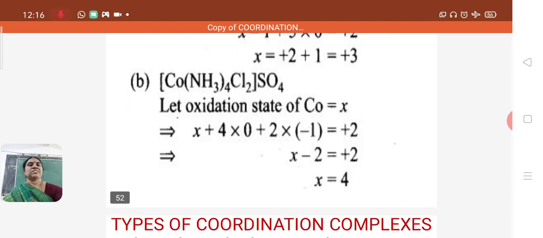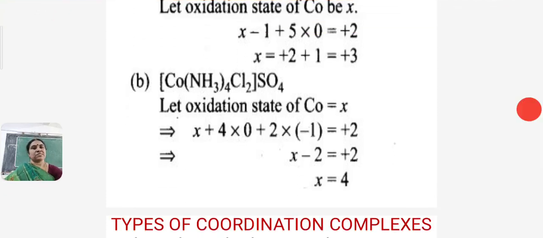Now you see this complex of cobalt. Here we are assuming the oxidation state of cobalt to be X, then X plus 4 molecules of ammonia each possessing a charge of 0, so 4 into 0, plus 2 chloride ions each having a charge of -1, so 2 into -1.